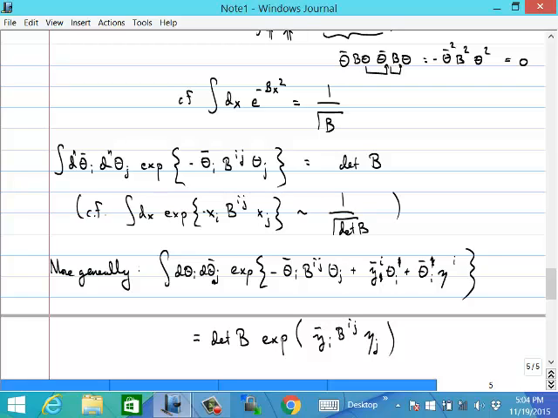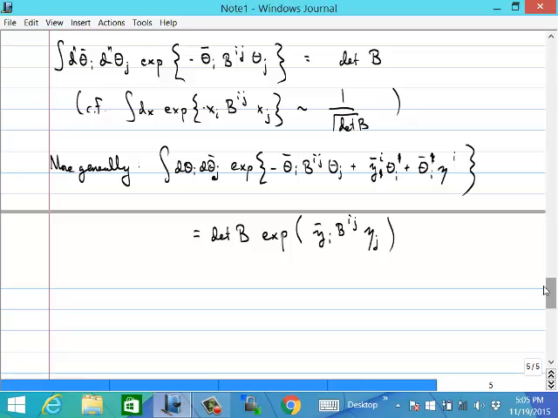So hopefully you can see where this is going, because just as with the real scalar field, where we interpret the path integral over the real scalar field as an infinite number of Gaussians, if you can do a bunch of Gaussian integrals for Grassmann numbers, you can use that to quantize the free Dirac spinor. So in particular, the Dirac spinor can now be quantized using a path integral setup.